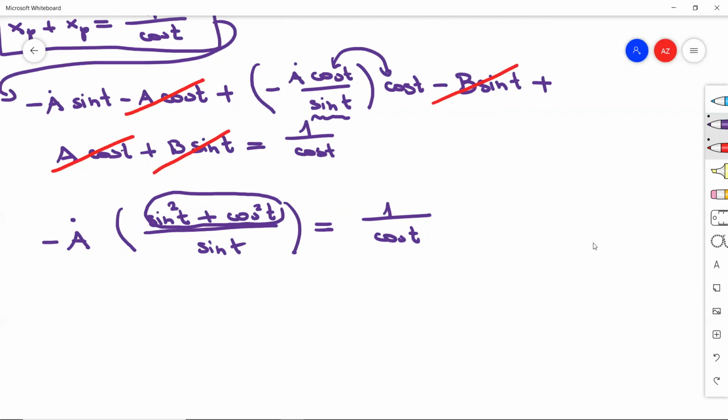Thank you for noticing, I could easily make a mistake. So in the numerator, we get 1 because sine squared plus cosine squared is 1. So the differential equation in a is then a prime is minus sine t over cosine t.